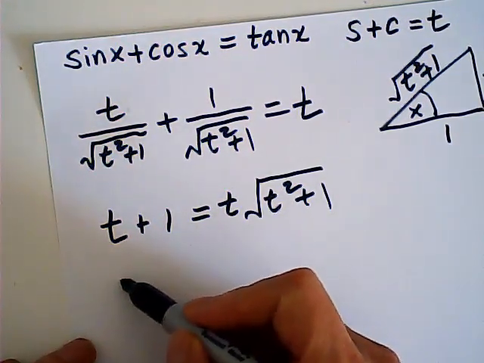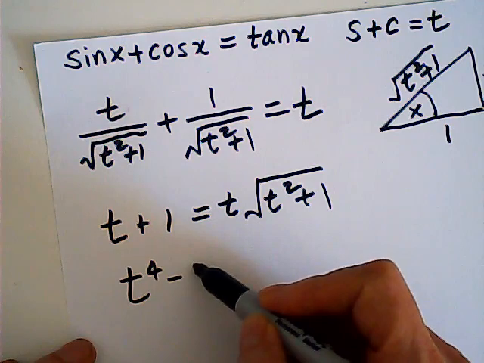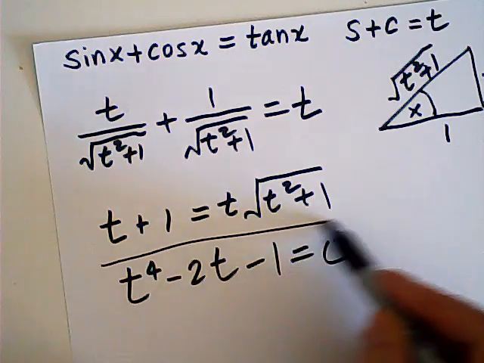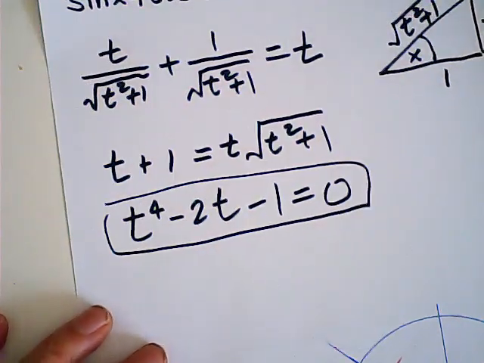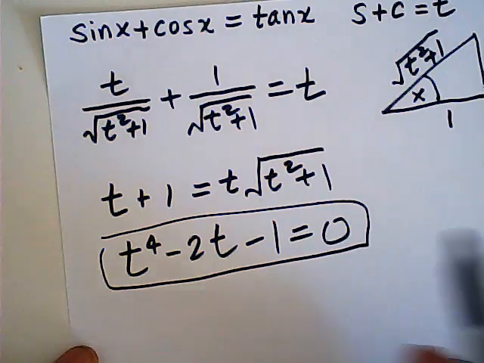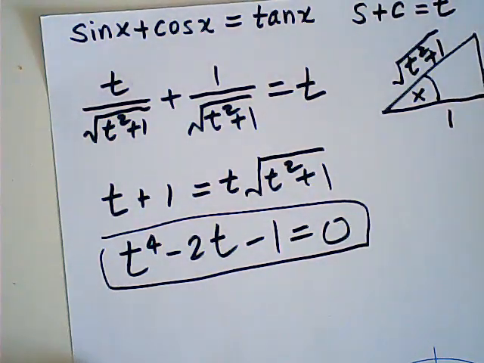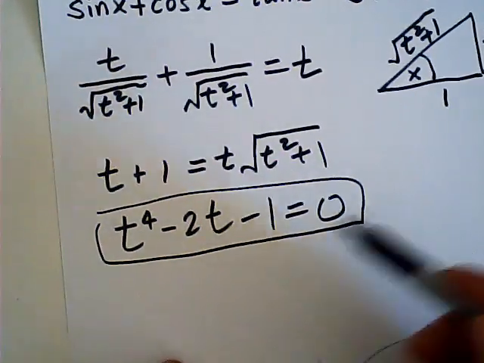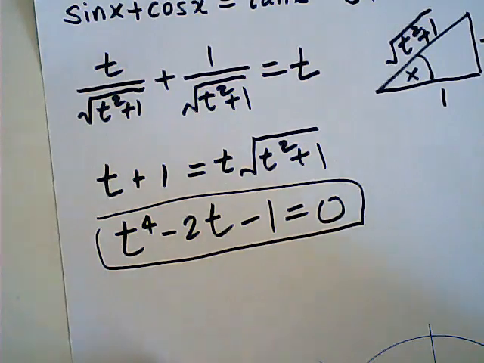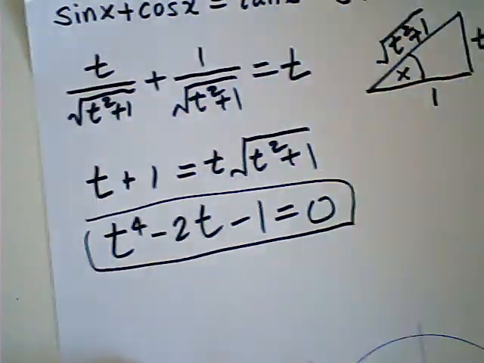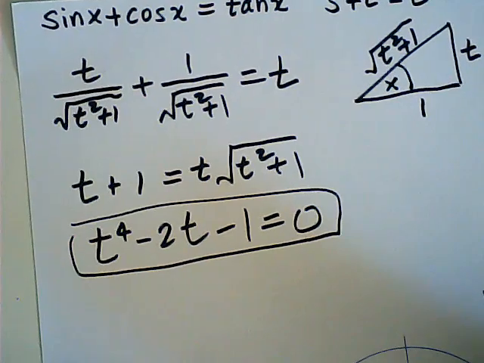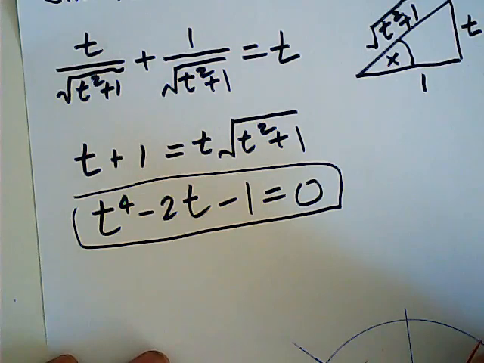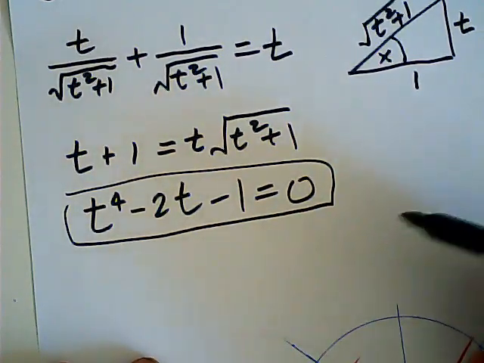We get this equation: t to the fourth power minus 2t minus 1 equals 0. So that is the quartic equation for tangent x. I'm not discussing how to solve the quartic equation. Well, we know that there's a way to solve it, right? Or you can use Newton's approximation method, or iteration. Okay.